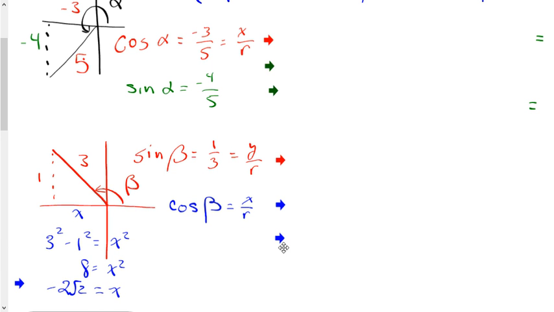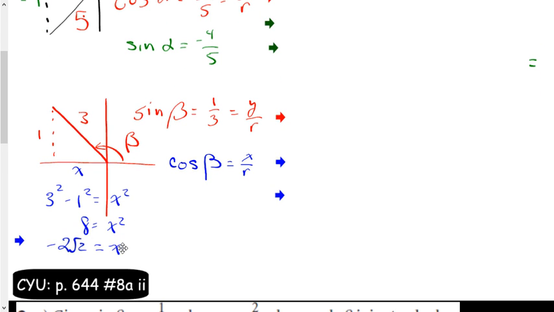So this time I've shown the process where I did r squared minus y squared to give me x squared. And again, because I'm in quadrant 2, I know my x value has to be negative, so I've chosen the negative square root. And once I know x, I know cosine of beta is negative 2 root 2 over 3, because up here my r value was 3.